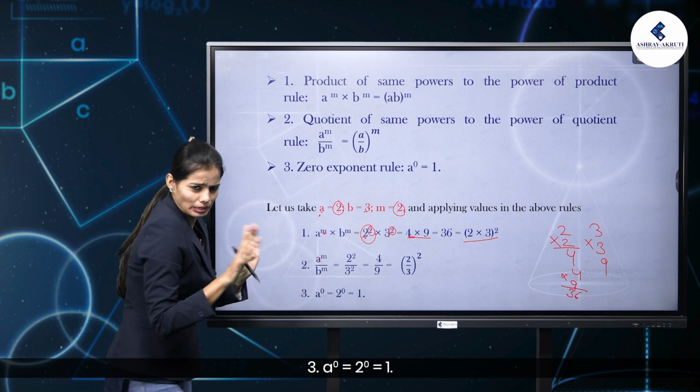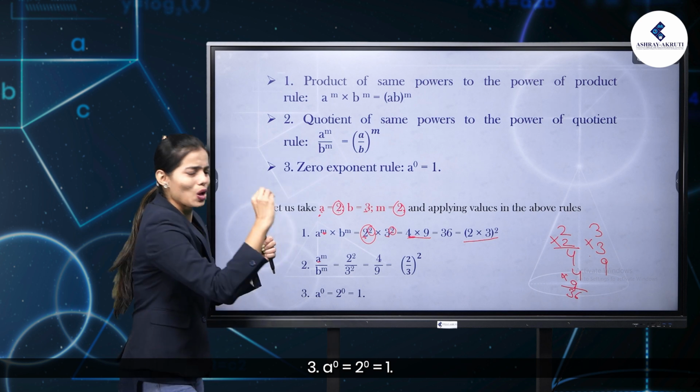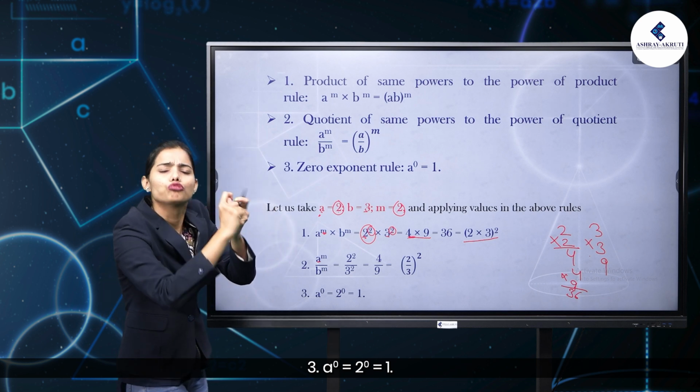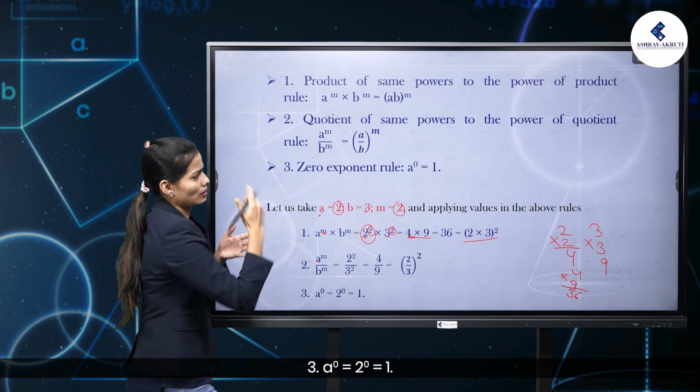Number 3. a power 0 is equal to 2 power 0 is equal to 1.